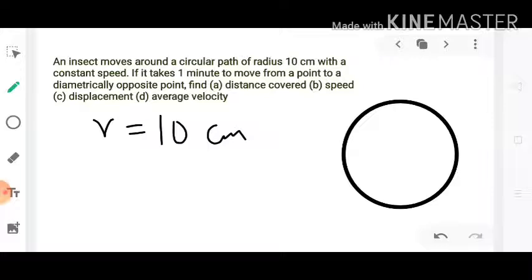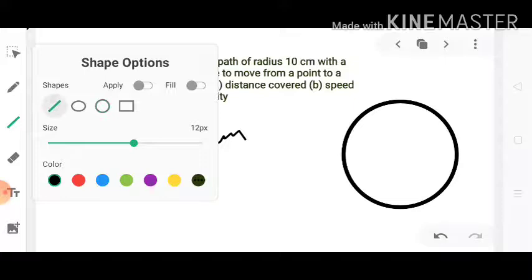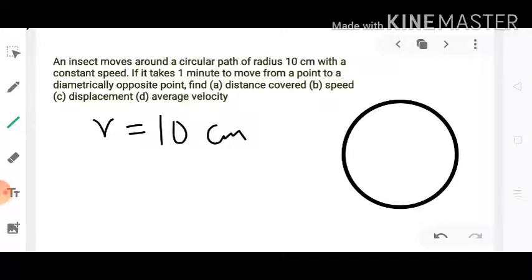Now it is moving from one point to a diametrically opposite point. So for that, let us show the diameter of the circle. Now the diameter is a straight line passing through the center. So this is the diameter, which divides the circle into 2 equal halves.